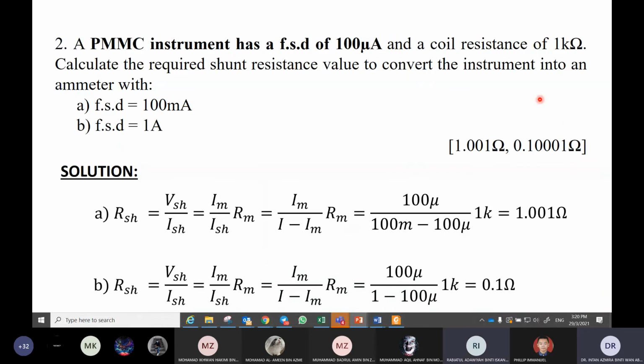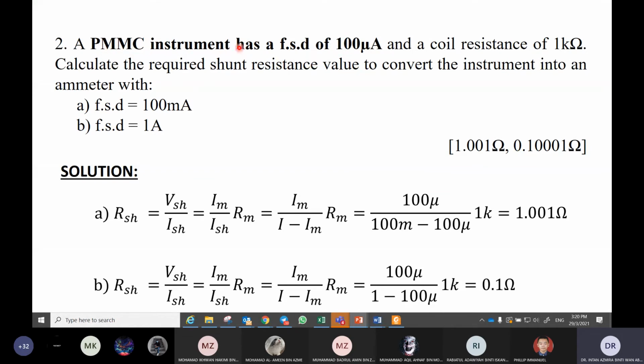Okay, this is number 2. A PMMC instrument has a FSD of 100 microamp, meaning that it is IM, because this value follows the term of PMMC instrument.